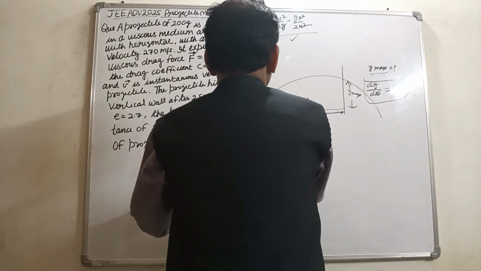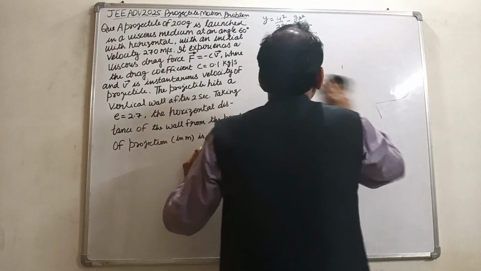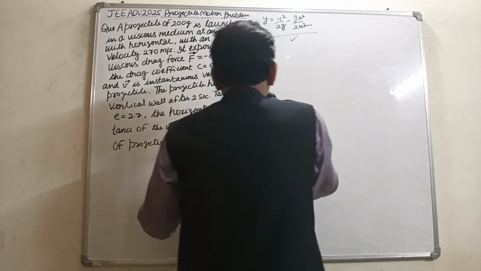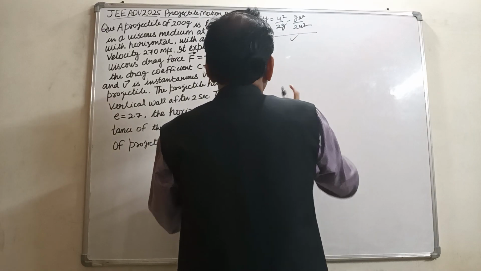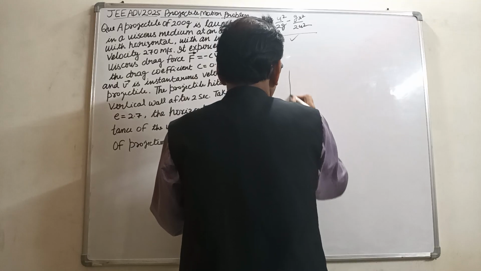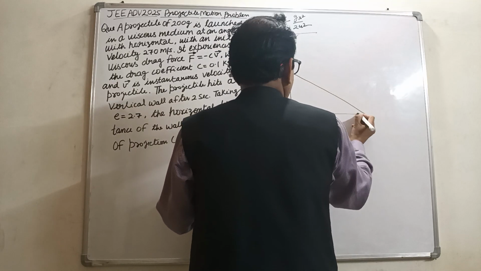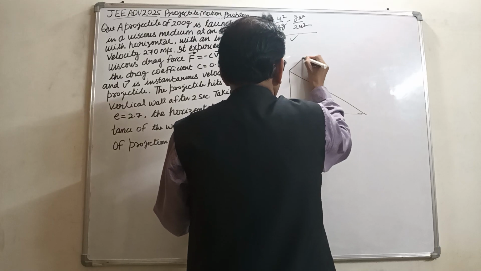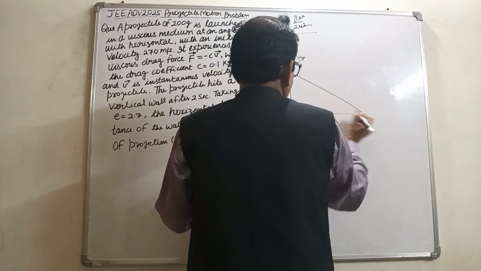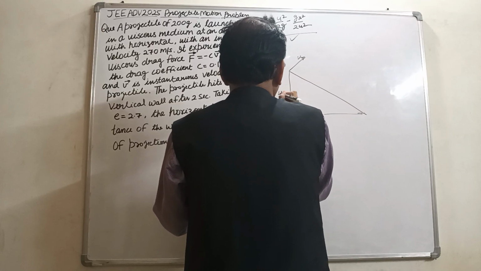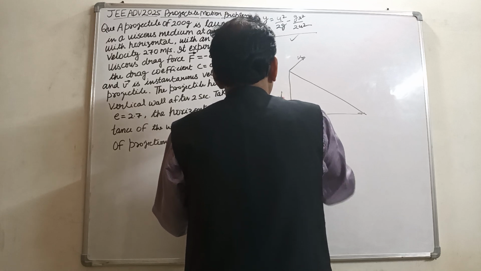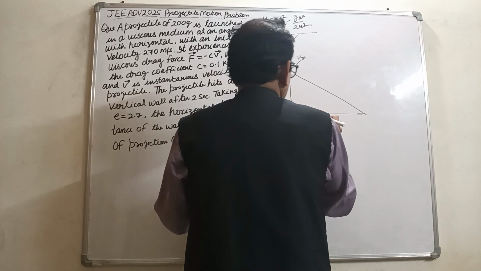So another question. In this question, suppose this is an inclined plane, and here an object is hitting, and this length is suppose 4, this is 4, this is suppose 3, and this is 4.